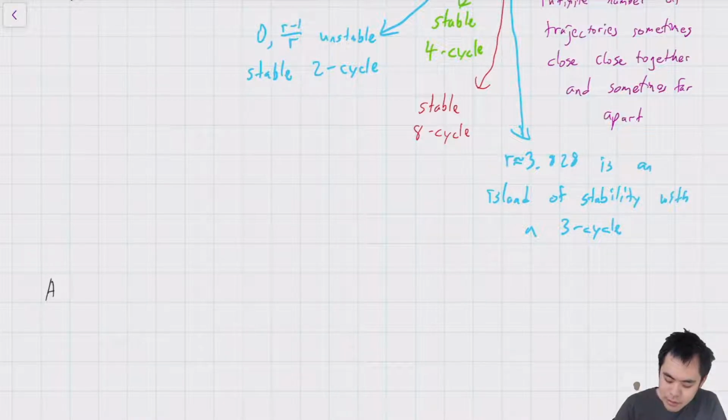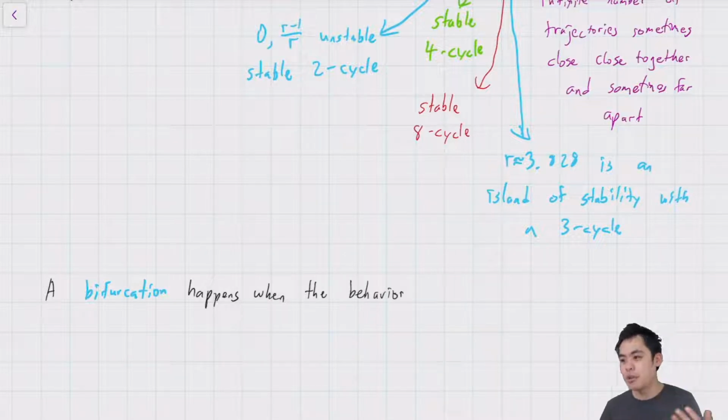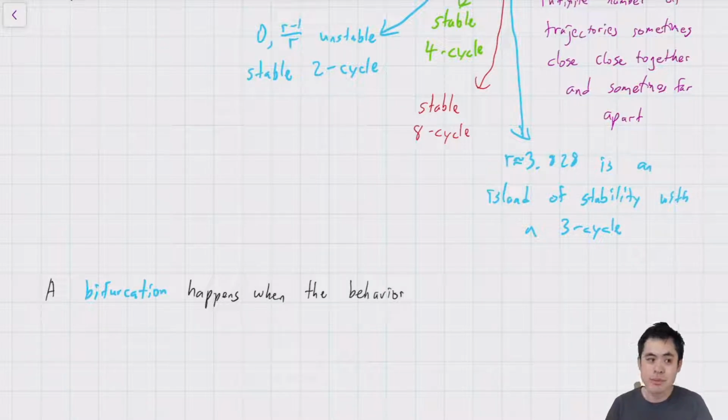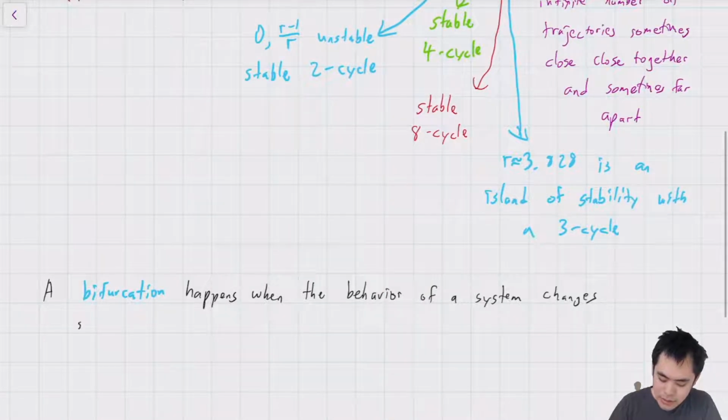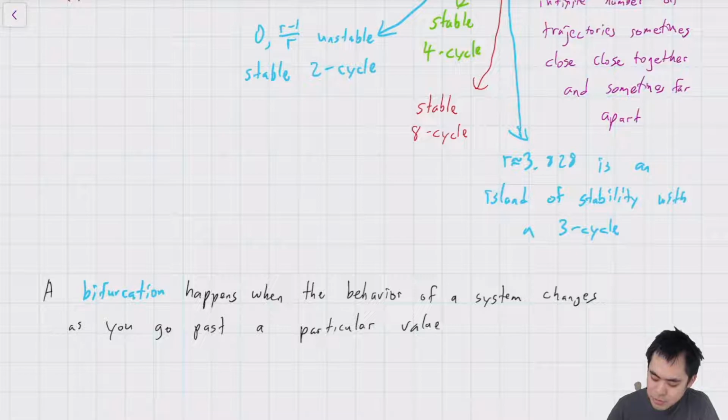So as I mentioned last time, a bifurcation happens when the behavior of a system changes, like suddenly having a stable 4 cycle when you didn't have a stable 4 cycle to begin with, and losing your stable 2 cycle because it became unstable, when you go past a particular value of a parameter.